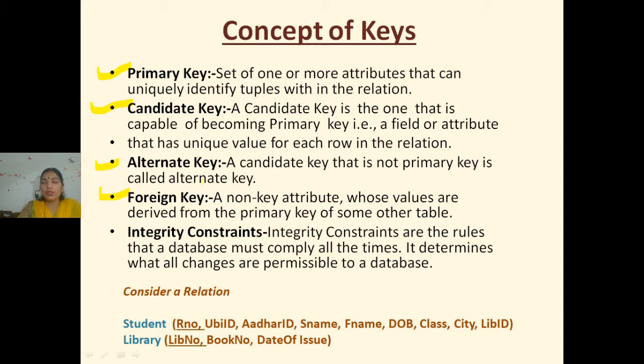So see students, I have given one example table here, student. Are you able to see it? Yes. In this table student, we have the columns roll number, UBI ID, Aadhaar ID, S name, father's name, date of birth, class, city and library ID.